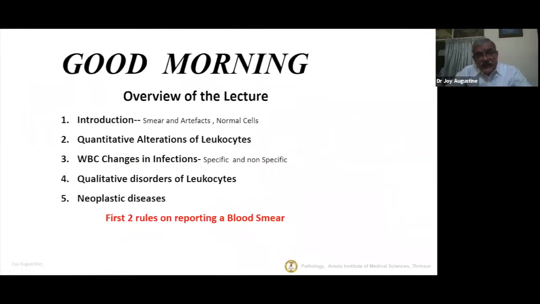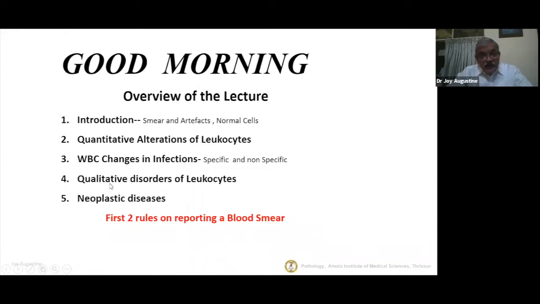Now, this is the brief overview of the lecture. The introduction would carry the features regarding the smears, the artifacts, the normal cells. Then, of course, we have the quantitative alterations of leukocytes, which is becoming increasingly important nowadays, more than the morphology. Then we have the WBC changes in infections, which are specific and which are non-specific.